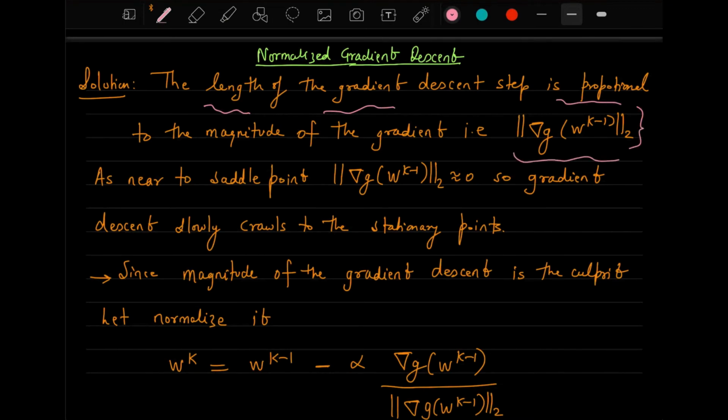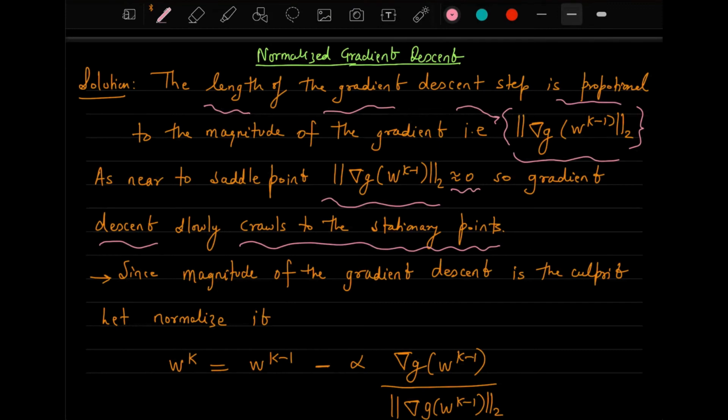This you already know, because from the expression that we have derived for the gradient descent, you can see that the length of the step that the gradient descent is taking is proportional to the gradient magnitude. And near saddle points, this is actually equal to 0. The gradient that you calculate near the saddle points is equal to 0, as a result of which gradient descent slowly crawls to the stationary point and it doesn't move to the minima immediately. So it's a slow version.